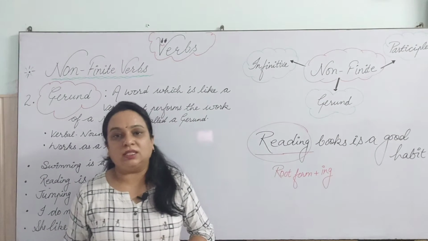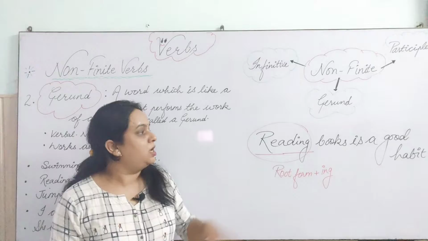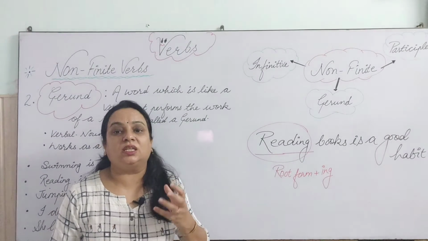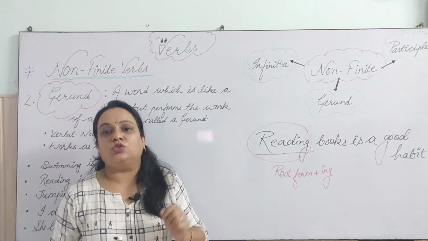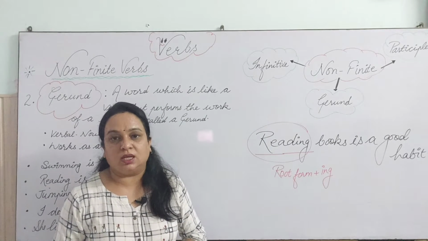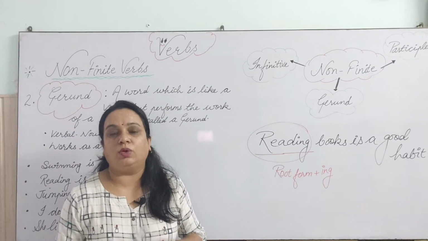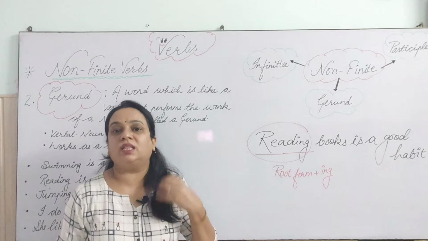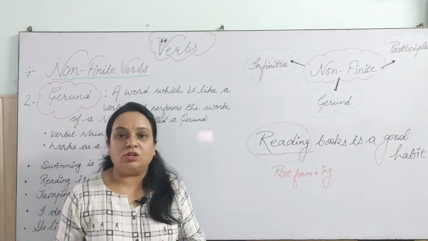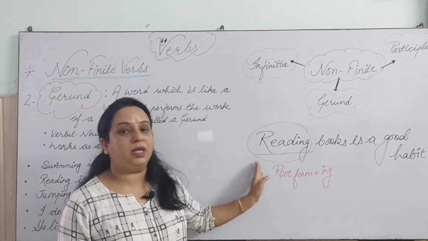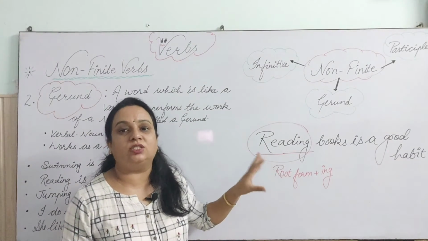Now let's understand with the help of the definition what this gerund exactly is. I'll tell you one more sentence. Swimming is a good exercise. So I'm talking about what here? What is the naming word here? What is the noun here? That is swimming, okay? But it does not mean that this will come in the starting of the sentence always.